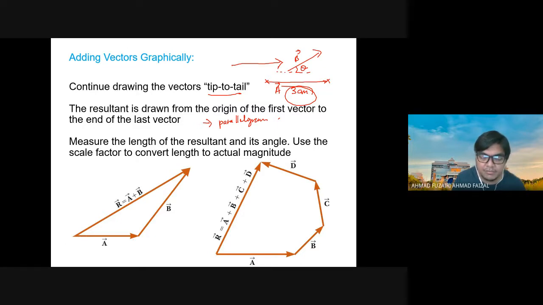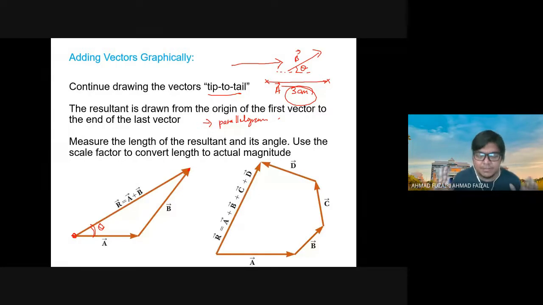We redraw A to here, and at the end of A we draw B. Then we draw a line from the start of A to the end of B. So that is the resultant vector. How do I know this is a vector? Yes, it has a measurement, its length. But besides that, it has an angle. This angle is what is called direction. Simple. So, adding vectors graphically.